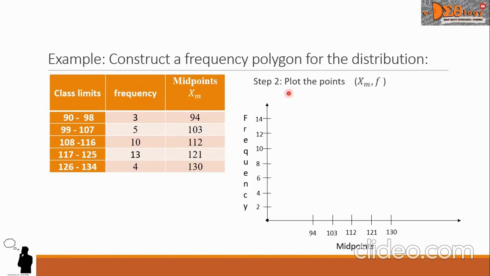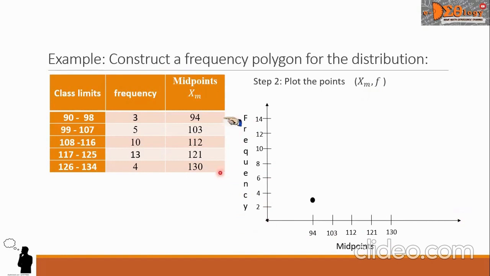For step 2, we're going to plot the points. The midpoint is the x-coordinate, while the frequency is the y-coordinate. So we can see here, this is the x-axis, where the midpoints are listed, and for the y-axis, the frequencies are here.